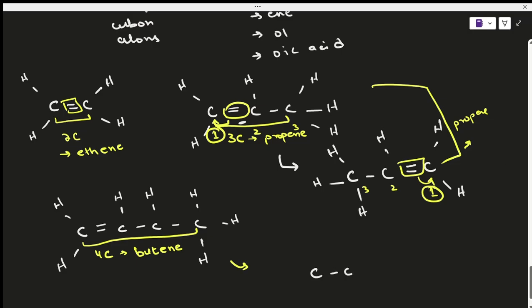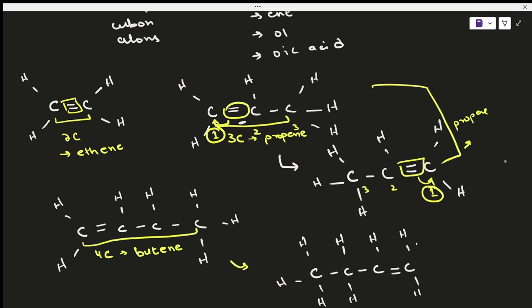But if I were to talk about this molecule, let's draw this, and let's say the position of the double bond now comes here. Now this makes it interesting, or does it not? Because if you notice, the double bond was here, so we start counting from this place.